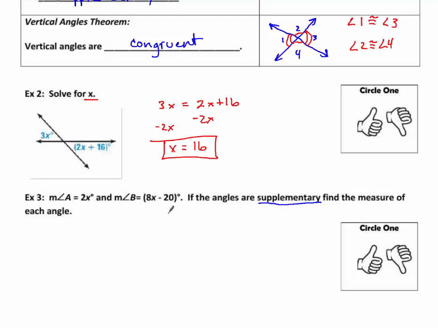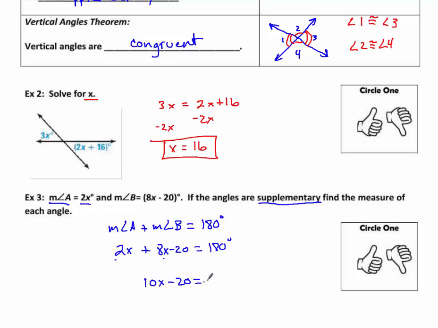So this is saying that the measure of angle A plus the measure of angle B equals 180 degrees. So we're just going to substitute the measure of angle A for 2x. So 2x plus, and instead of angle B, we're going to put 8x minus 20 equals 180 degrees.